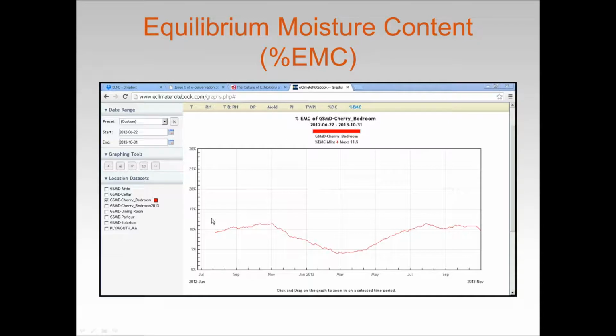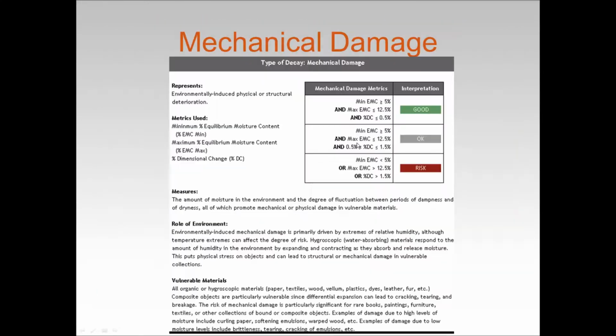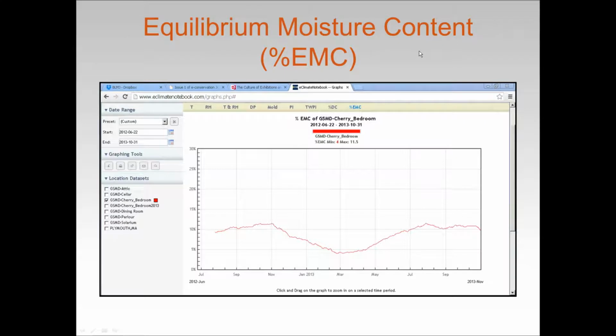So this is a graph of that same location that we've been looking at, the EMC here. And so you'll see the EMC here is a 4 minimum and a 11.5 maximum. So if we go up, that you'll see that that's going to put us within an acceptable rate in this.